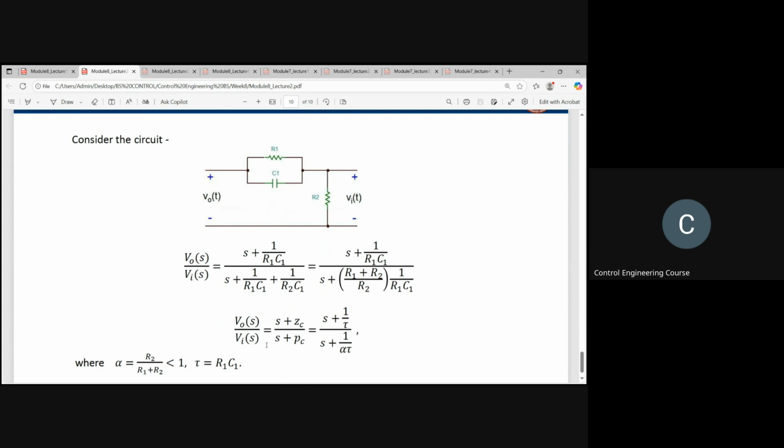If you calculate the transfer function of this type of circuit, you will get something like this. So this is basically a lag compensated transfer function. T is 1 by R1 C1, and alpha is nothing but R1 plus R2 by R2. Got it?